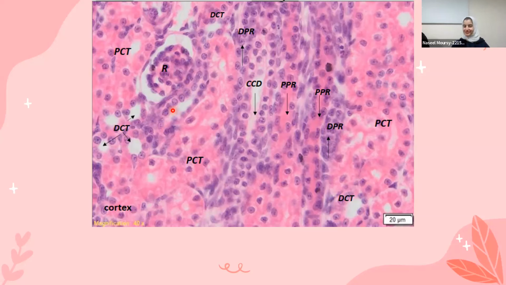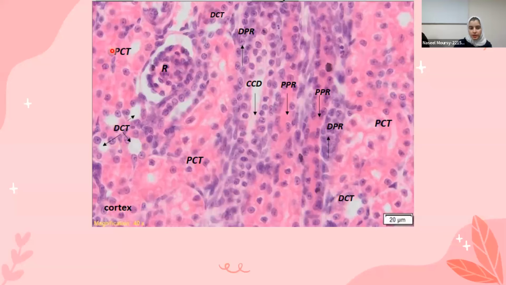Corpuscle, good. Renal corpuscle, a circle. Now we said we have the convoluted tubules, whether proximal or distal. I'm not going to ask you to label them because it's obvious: this is proximal convoluted tubule and distal convoluted tubule. But there are differences.